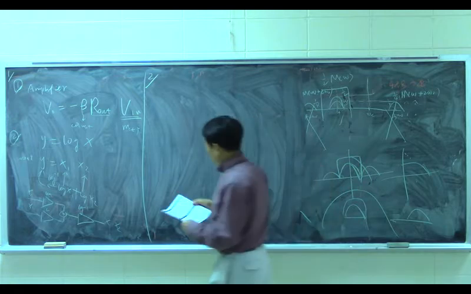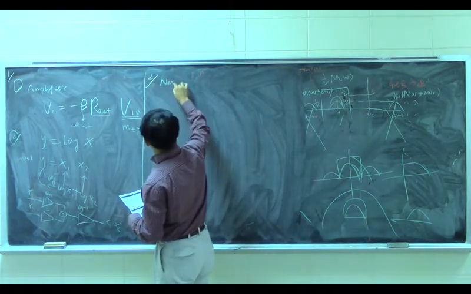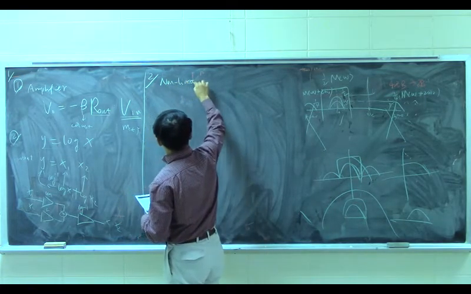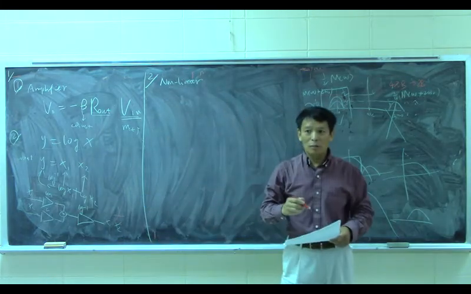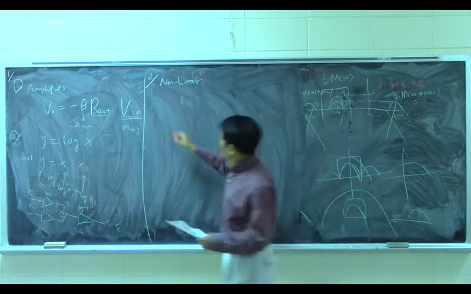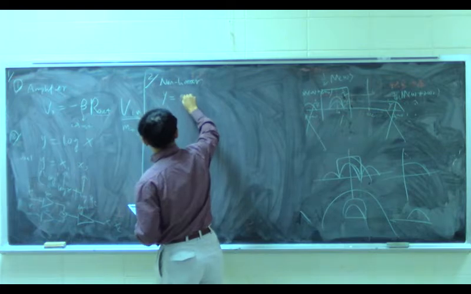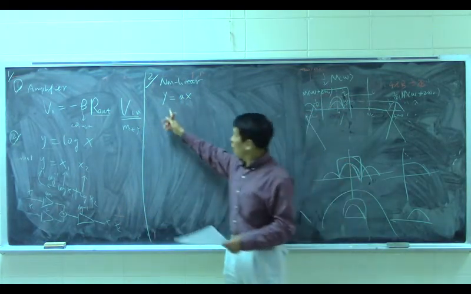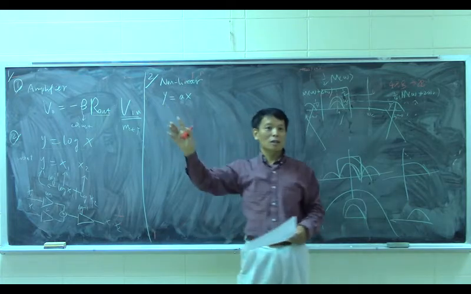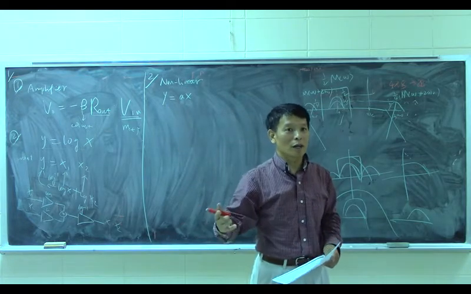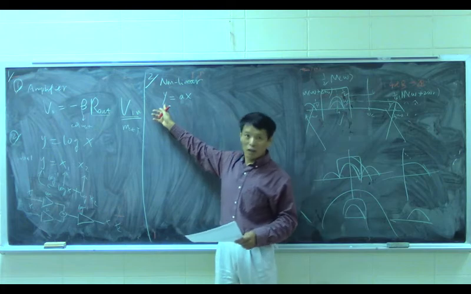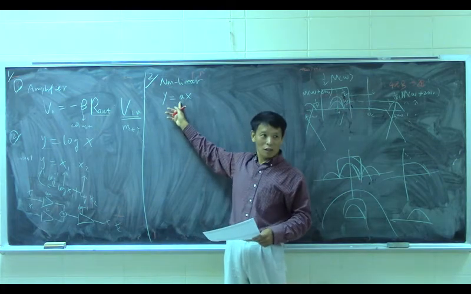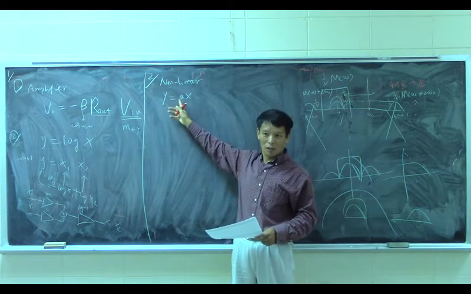Big 2 is, we are going to use a nonlinear device. Nonlinear device means, y equals ax is a linear device, right? When we discuss circuits, a linear amplifier: V out equals a constant times V in, so that A is constant.